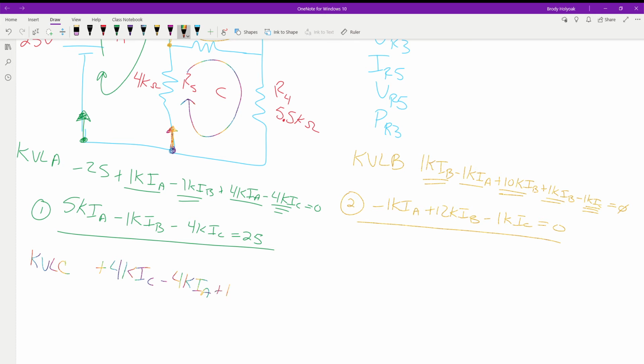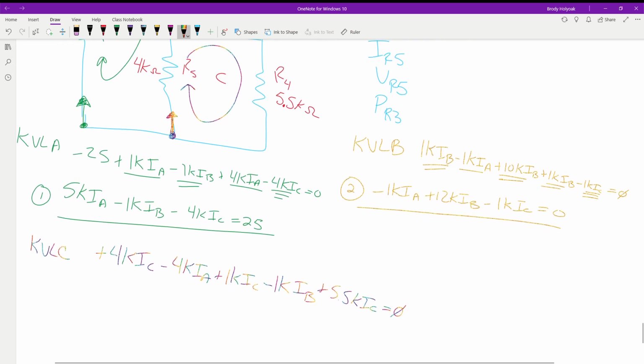So plus 1KIC minus 1KIB. Then we come back around, we hit R4, plus 5.5KIC equals 0. Questions with that?